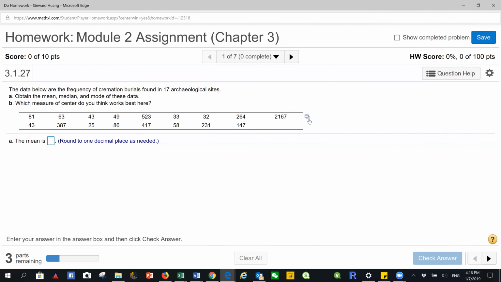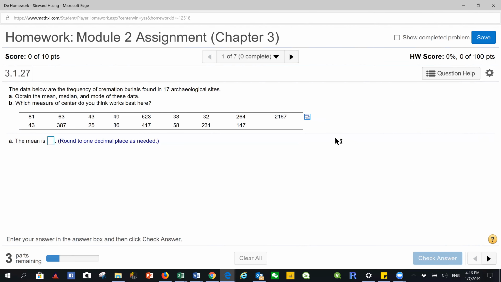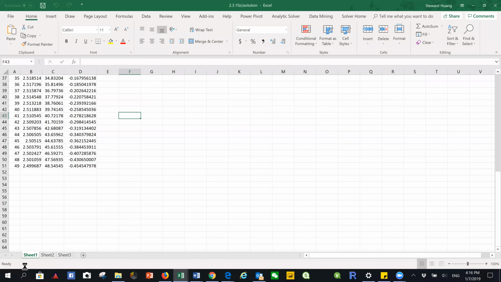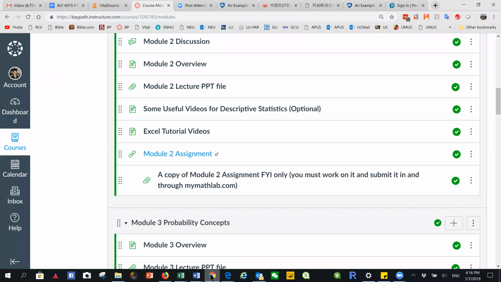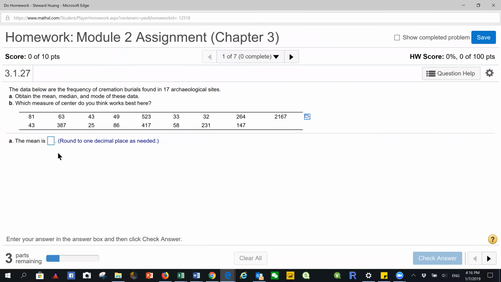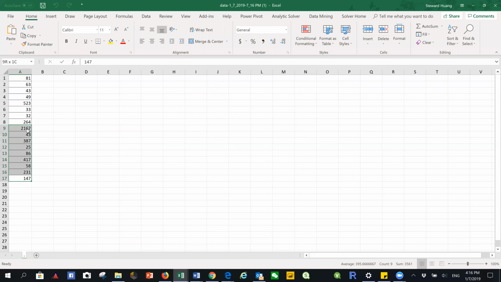So you should click on this and open this data set in Excel. Although it only asks you to find a mean, you actually could use, let me delete some of the data here, and then do it this way.